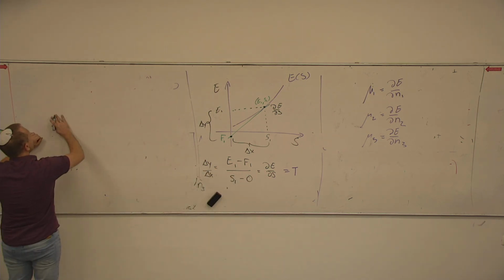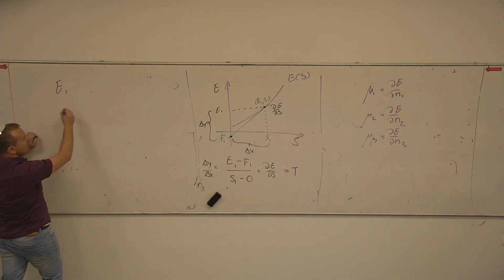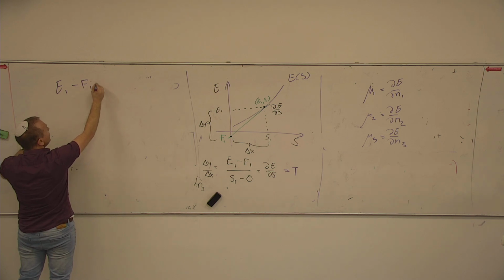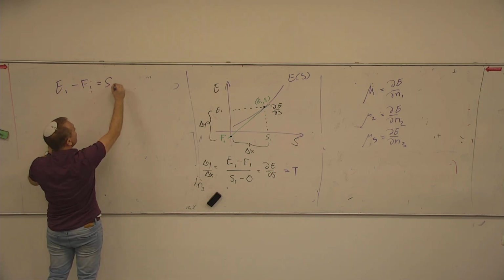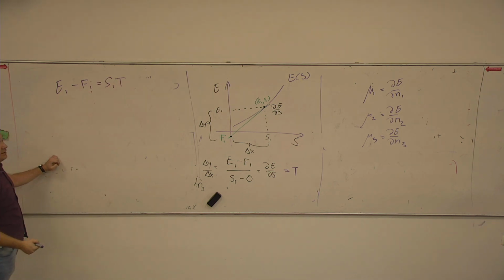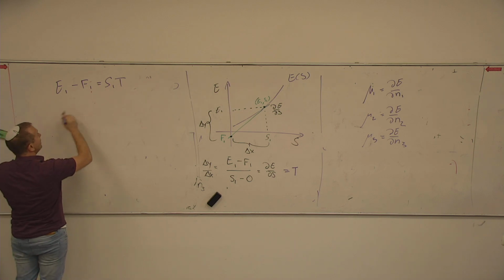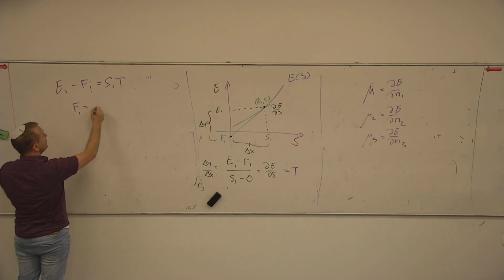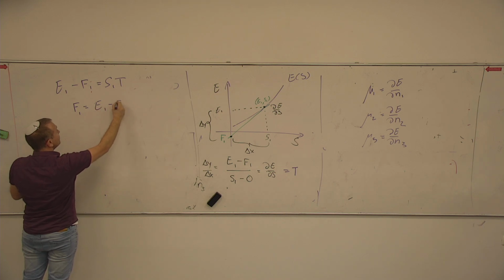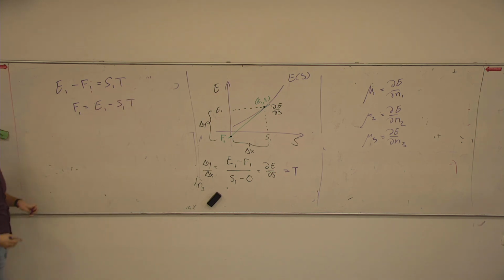Okay. So from here on, I obtain E1 minus F1 equals S1 multiplied by T, or F1 equals E1 minus S1T. It's like Helmholtz. Legendre transformation.